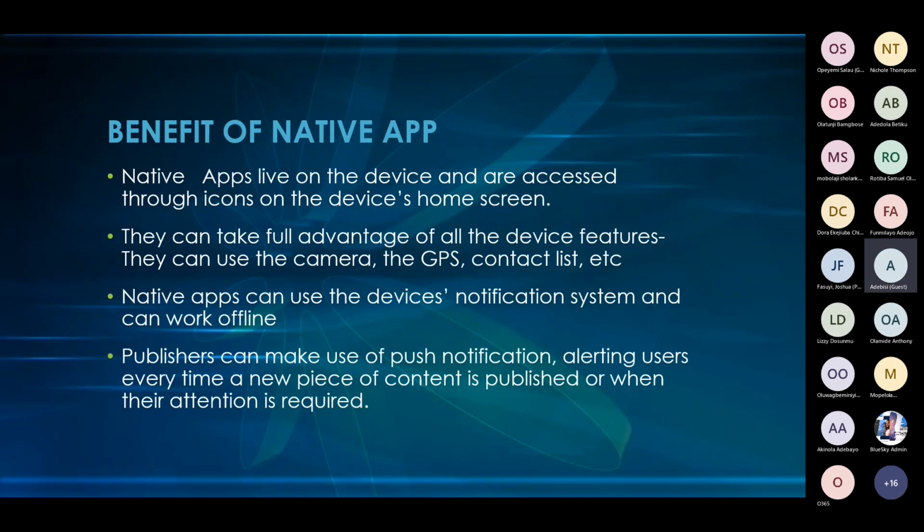So the benefits of native apps, like I said, is that native apps live on the device and they are accessed through icons on the device's home screen. Take WhatsApp: when we open our mobile devices, you scroll, where's WhatsApp? You click WhatsApp, then you start doing whatever you want to do. Same as Instagram, because you've already installed it on your mobile device, you just go and click on the icon.